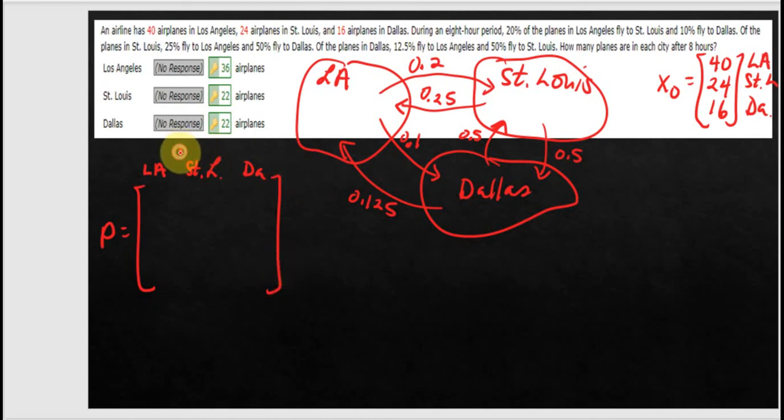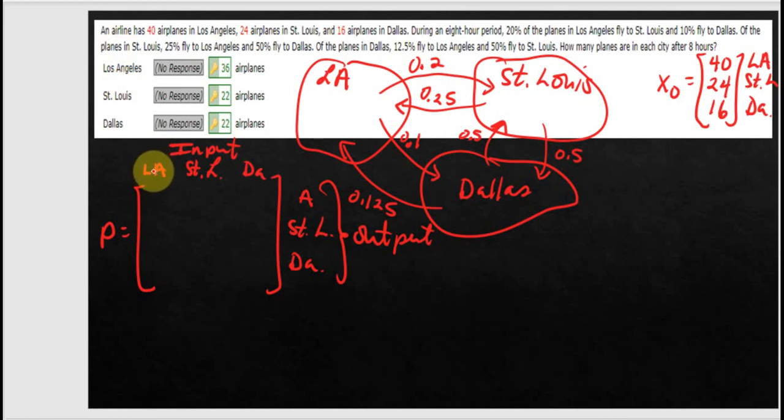And so this would be the input, and over here we have this first row is LA, second row St. Louis, and then the third row is Dallas, and this would be the output.